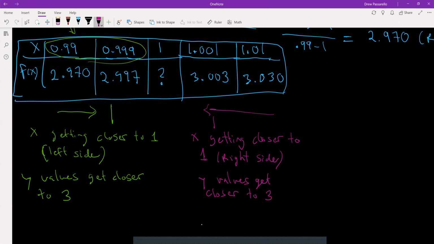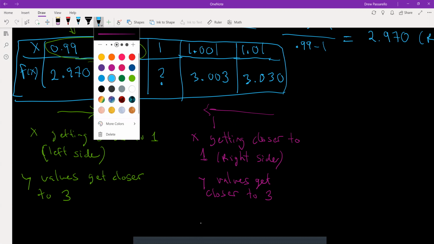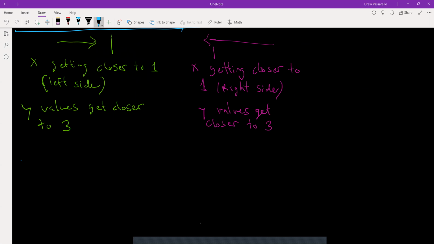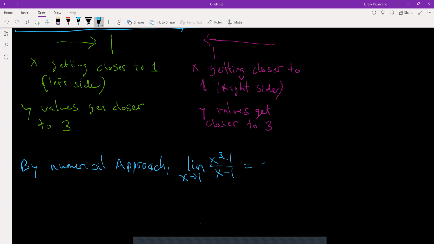Therefore, we conclude by the numerical approach that the limit as x goes to 1 of x cubed minus 1 over x minus 1 equals 3.